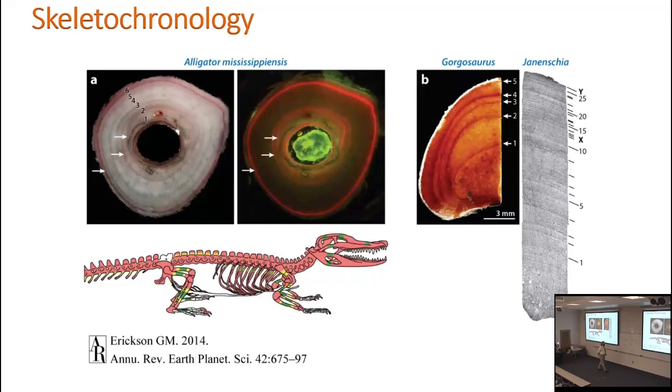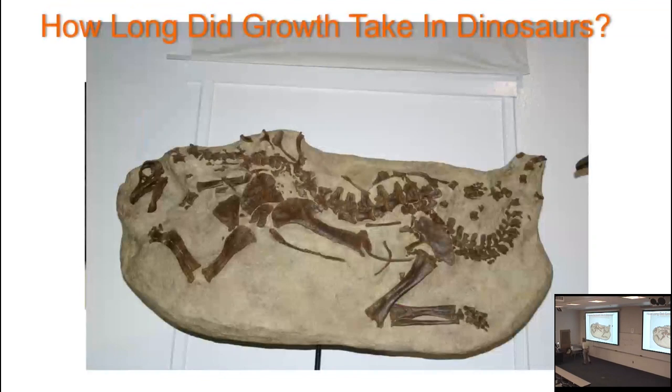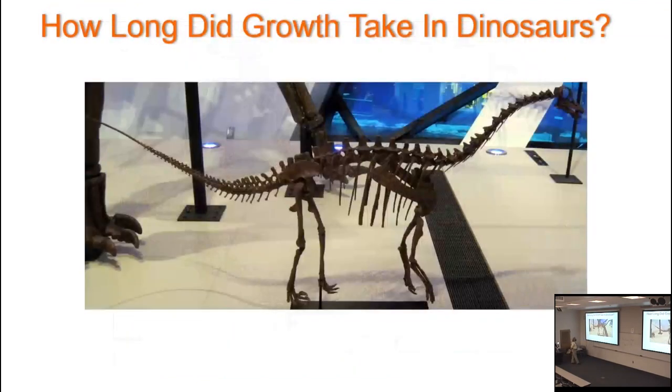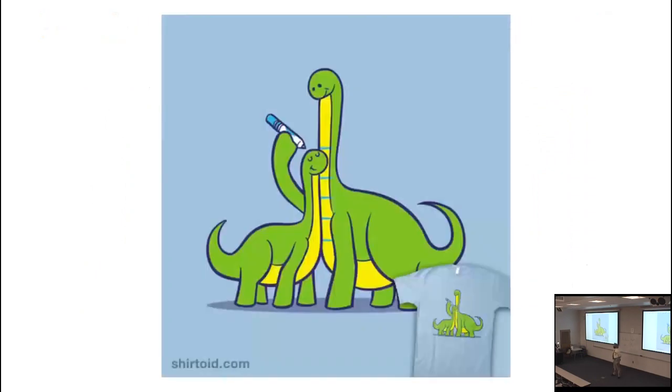So, last time we were looking at dinosaur eggs and babies, and looking at dinosaur growth. We got to the question, let's back up here, how long did it take to grow all the way from a little baby up to an adult? And as I mentioned, for the 19th and 20th century, we didn't really have metrics by which to judge that.